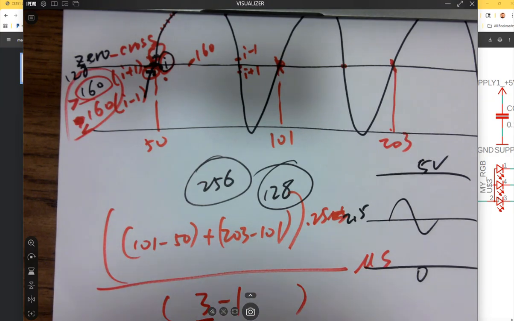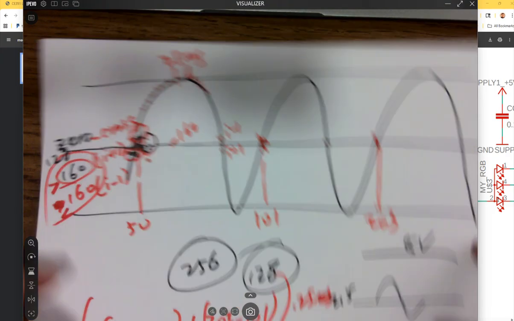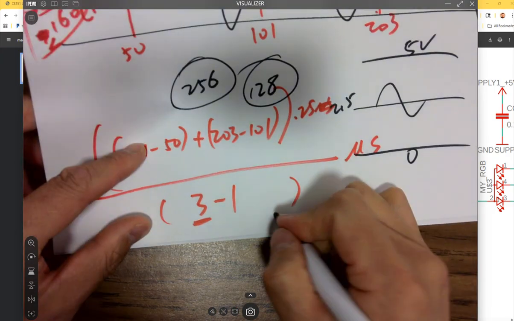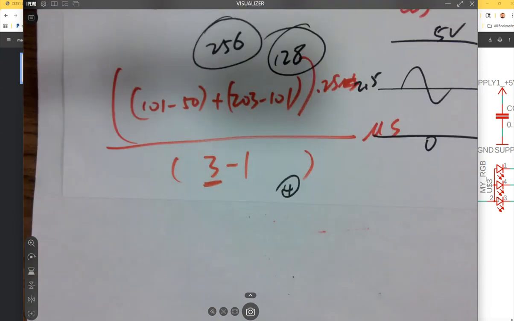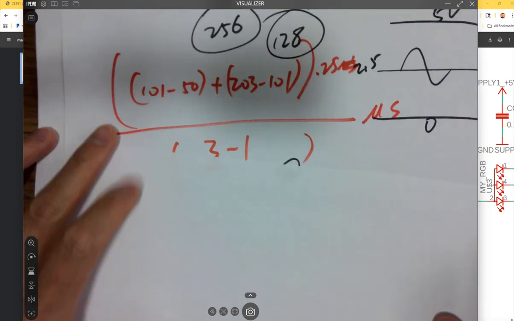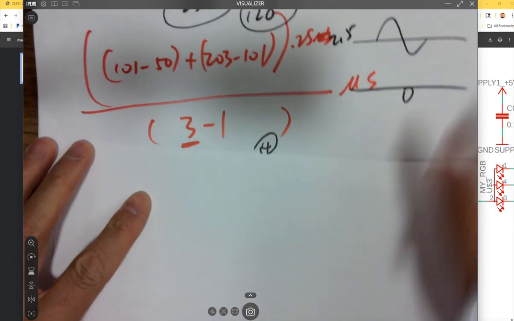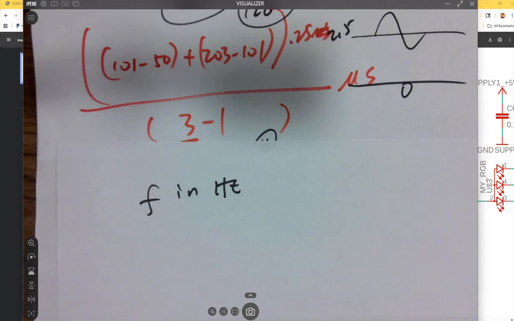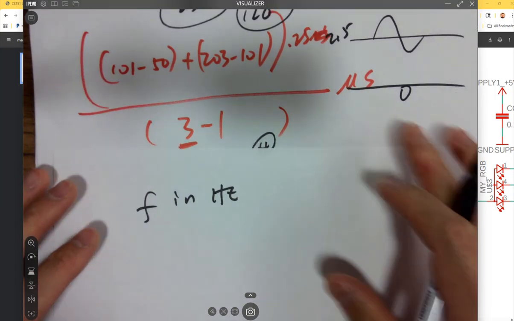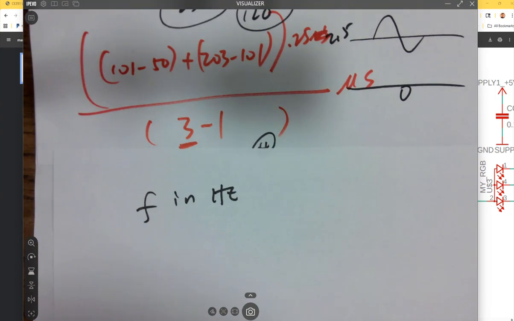What about frequency in hertz? If you know this, but it's in microseconds, how do I get frequency in hertz? 1 over period. 1 over the period, but the period is in microseconds.